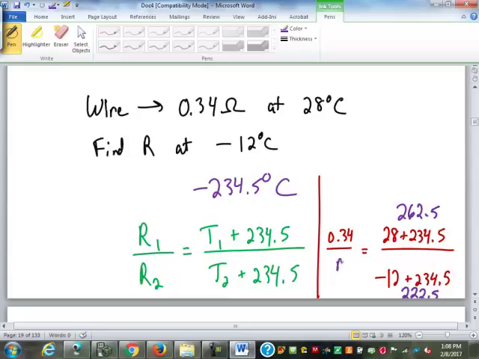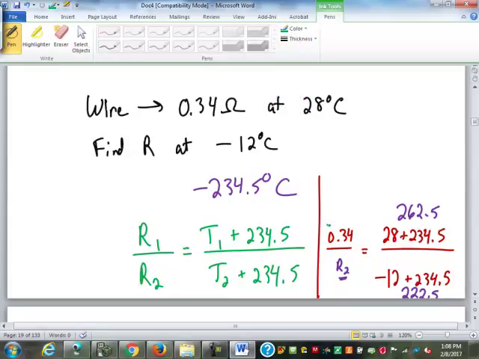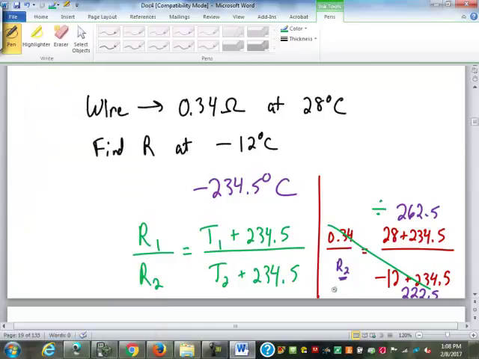So I'm looking for this resistance right here, R2. If we cross multiply and divide here, 0.34 times 222.5 divided by 262.5 gives us 0.288 ohms. So that's significant. That is nearly a 20% loss in resistance for going 40 degrees cooler.